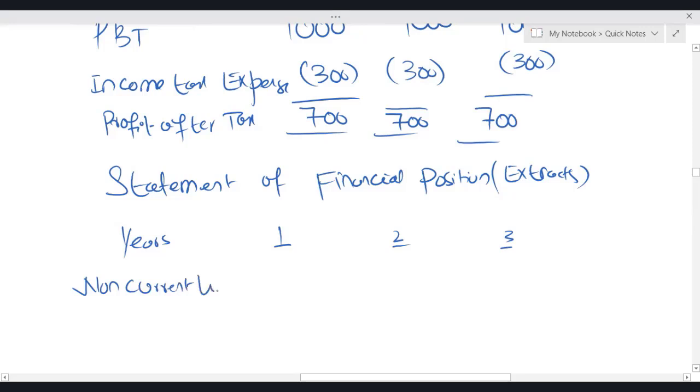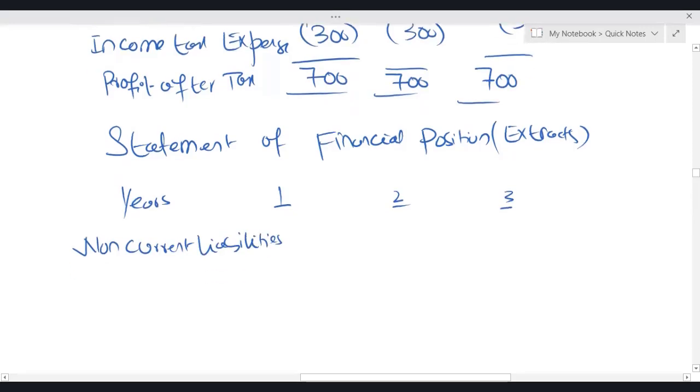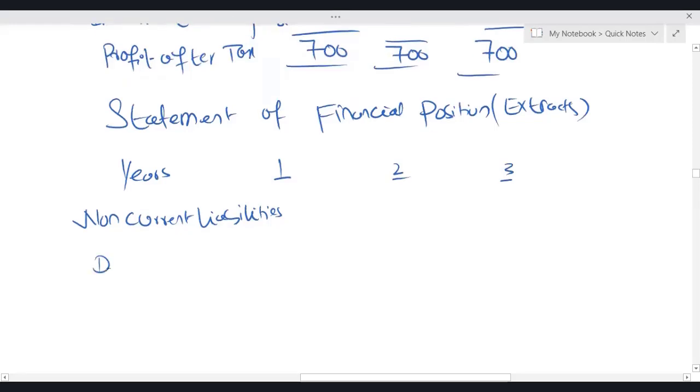Non-current liabilities: deferred tax liability.